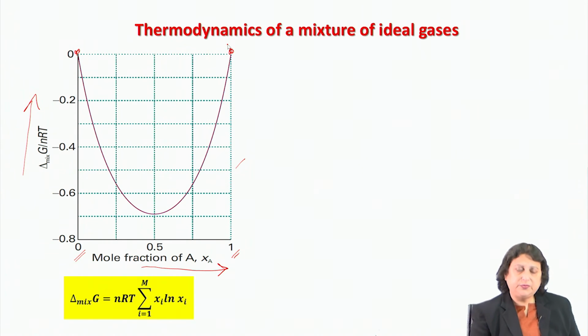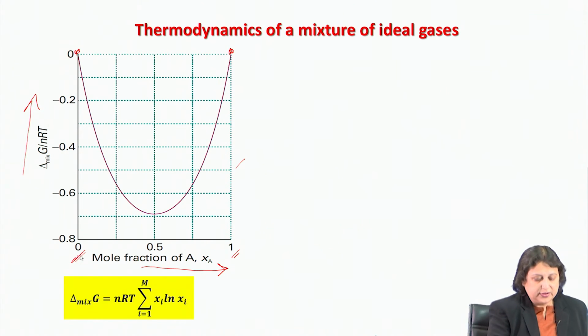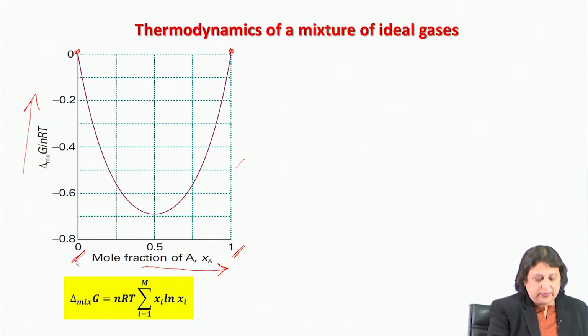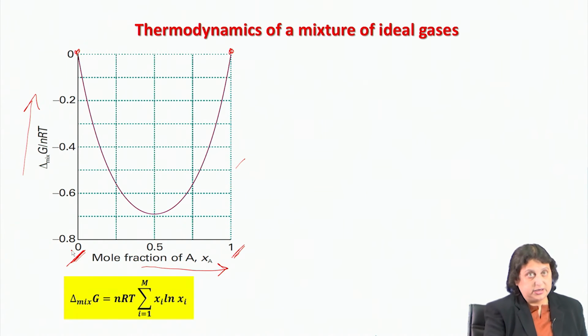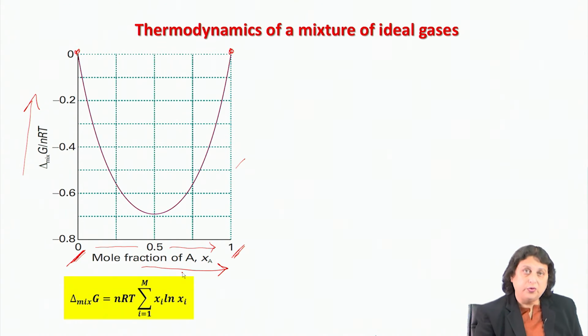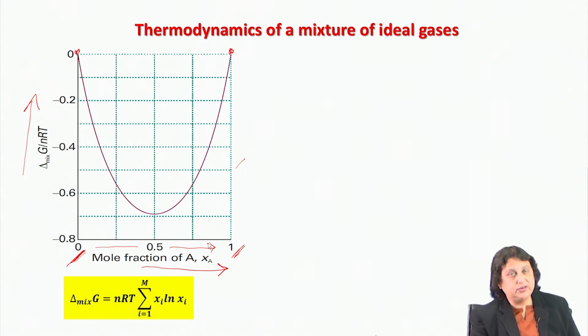Now, what happens in between? I can vary the mole fraction of A from a value of 0 to 1, whereby when the mole fraction of A is 0, it is the pure phase B, then I go on increasing the relative proportion of A, so that it goes from a very low mole fraction to a very high mole fraction, as is given here.